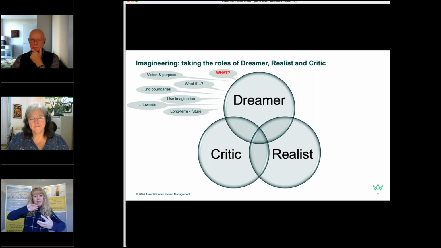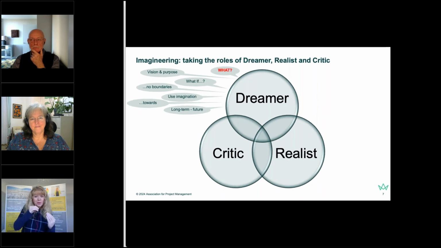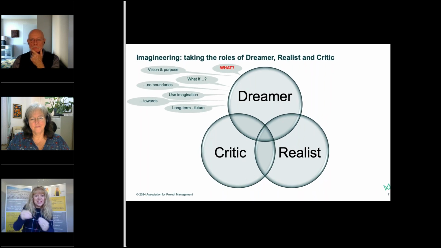I would state options with positive language. So rather than saying what we don't want, say what we do want, keeping an open mind and keeping in mind that vision and purpose. Where are we going? What do we need it to look like? And what if there were no constraints?